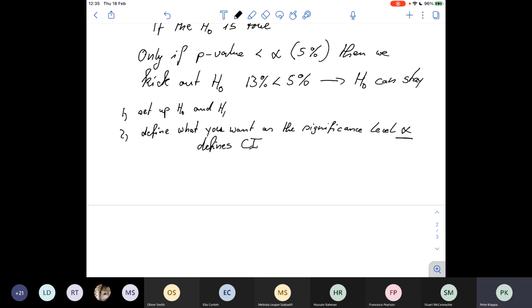That defines the confidence level, because if you choose alpha to be, let's say, 1%, what would be your confidence level? It would be 99%.